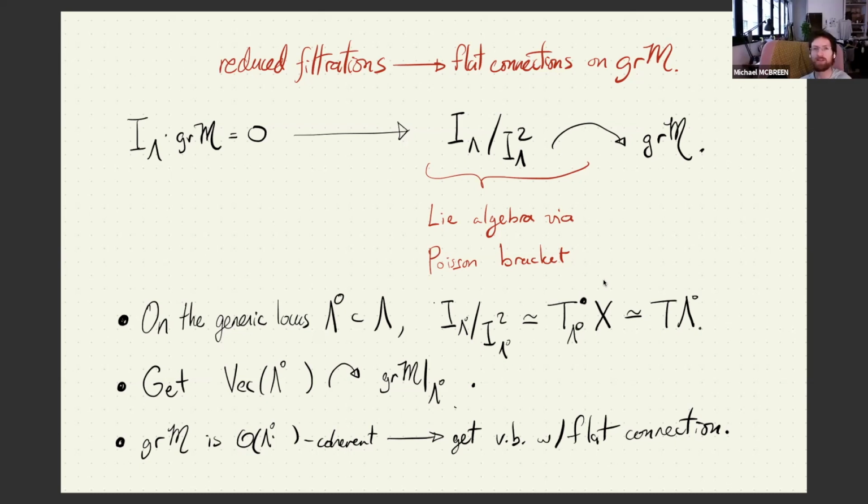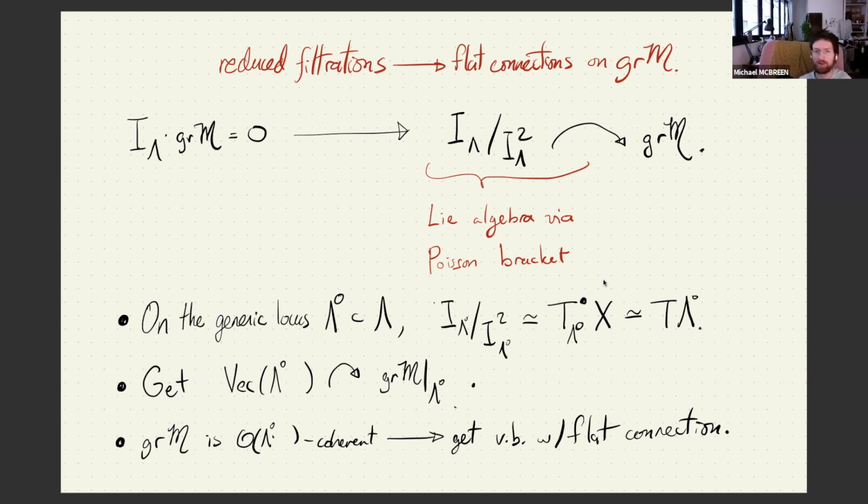So the idea is just that in that situation, the ideal modulo square has a Poisson action on the associated graded, which you can identify with an action of vector fields on lambda over its open part, over the smooth locus on the associated graded.